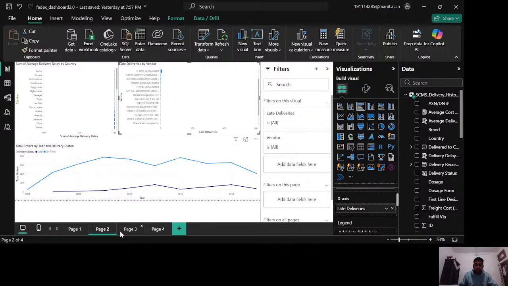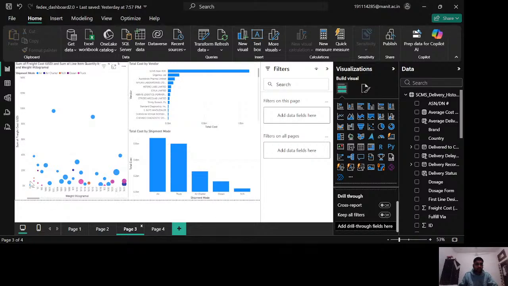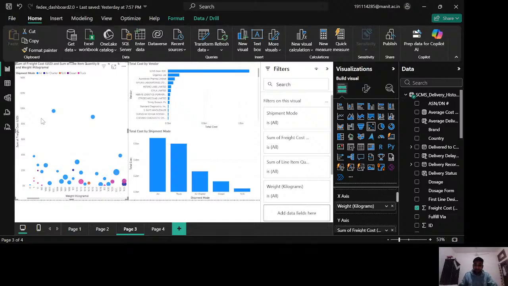So moving on to our next page, our first visual is sum of freight cost with sum of line item quantity by weight in kilograms. So here we can see, comparing similar values of weight, that weight in kilograms by shipment mode in air is 1003 kgs, and by truck is also 1013 kgs.